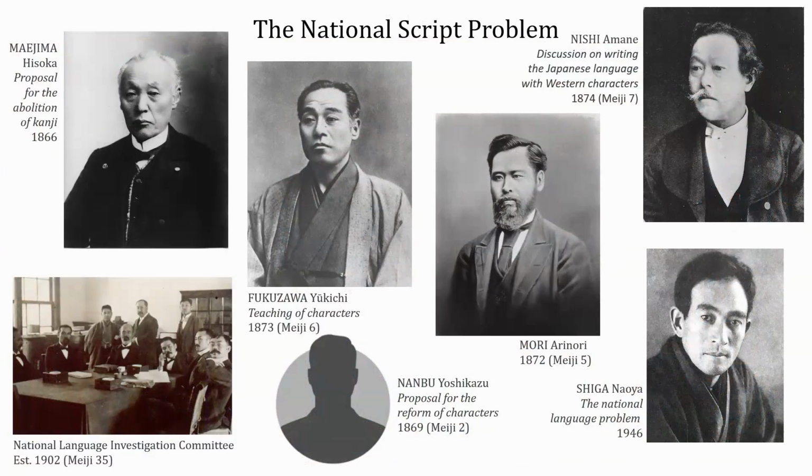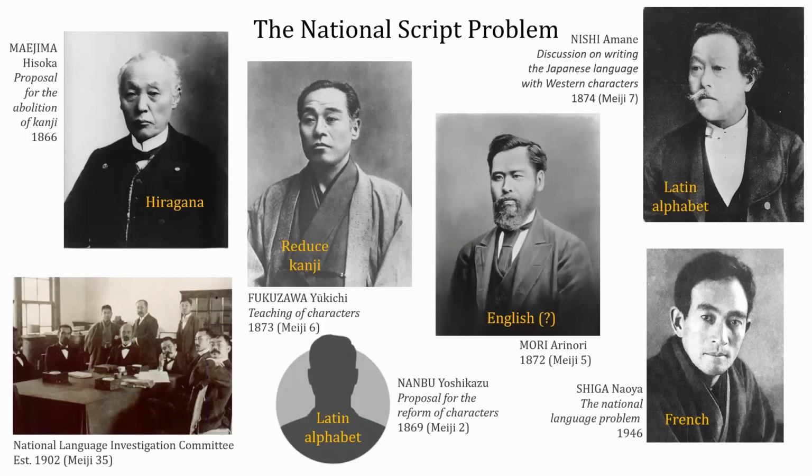And they actually date from slightly before the Meiji period. This is in the post-war, and everyone's got a different solution. But the pre-modern writing system was so much at variance with writing systems of colonial powers that it became a problem called the national script problem. And reform was seen as urgently necessary.